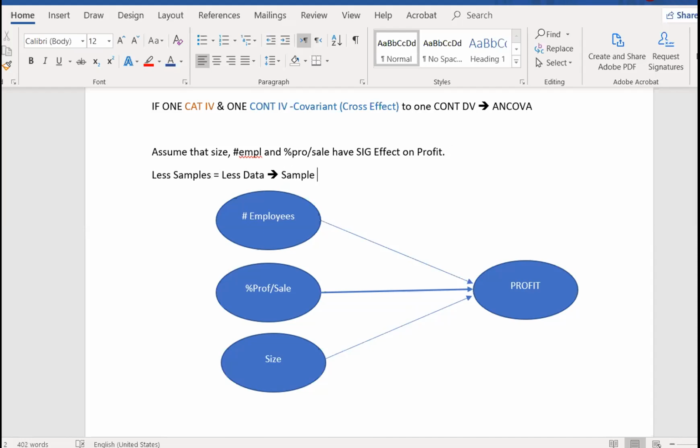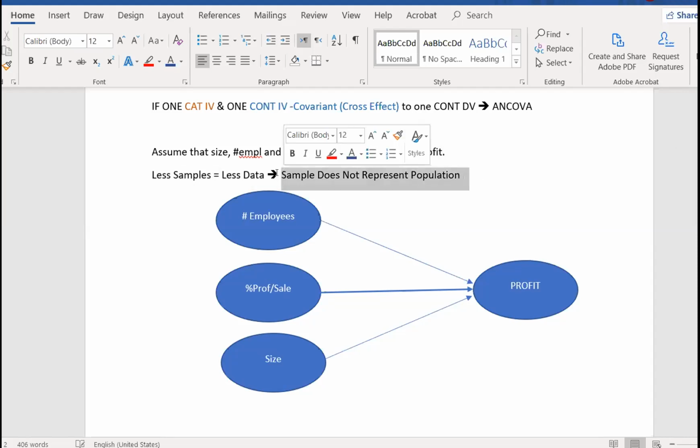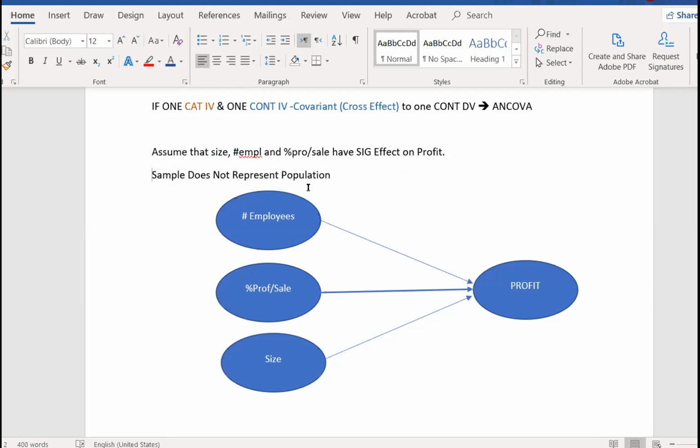the sample does not represent the population. Does that always happen when you have less data? No. I told you I had a student in the past who collected all the data from her friends and from Facebook friends and here and there, and concluded that in the US this is happening.